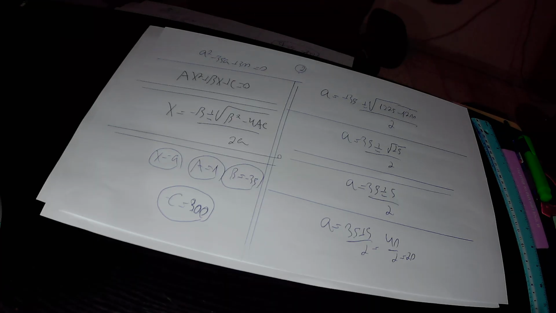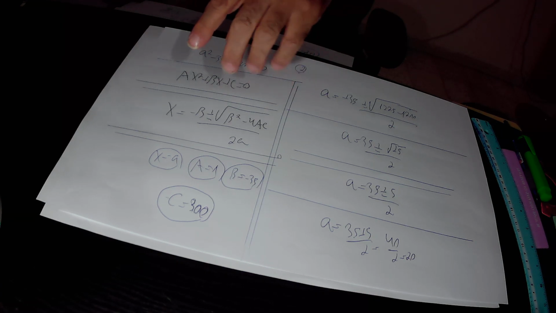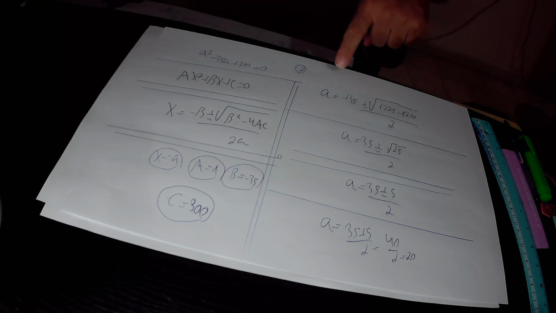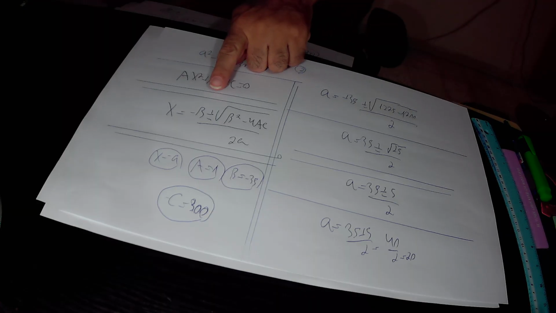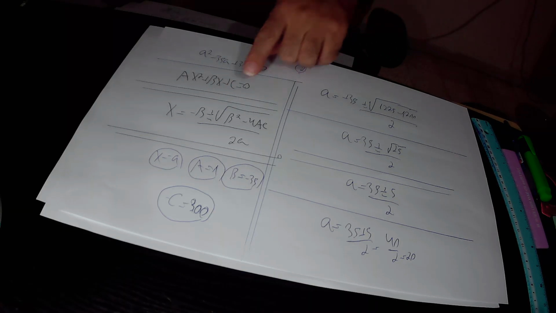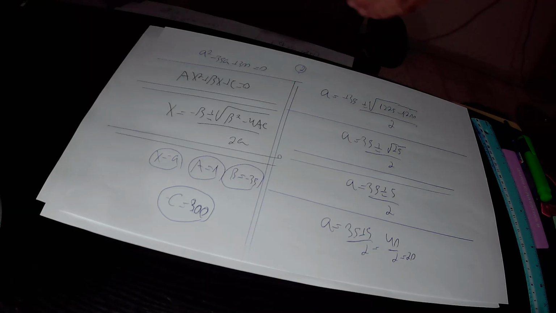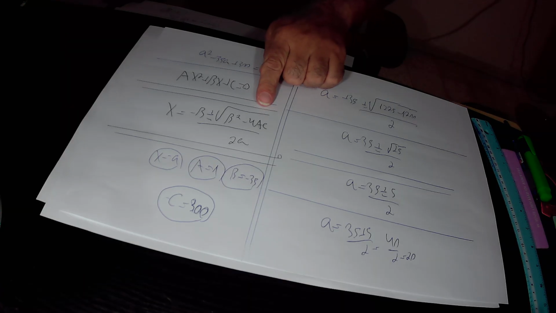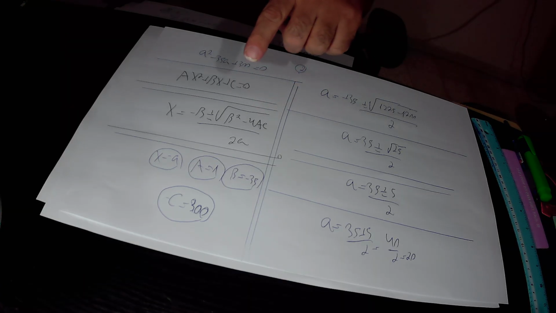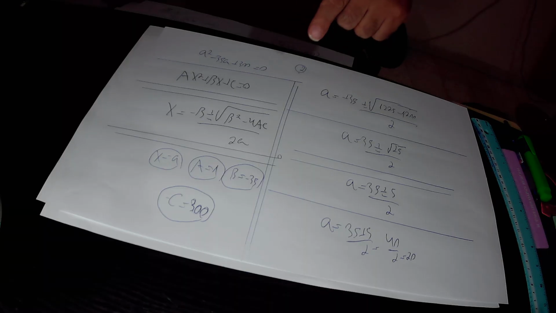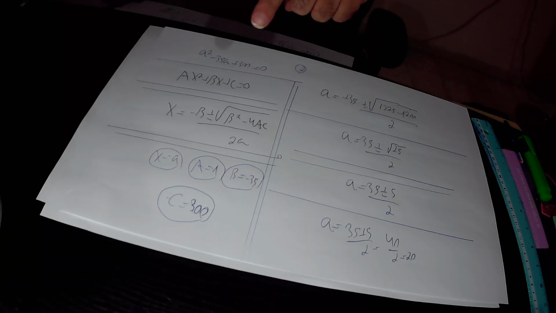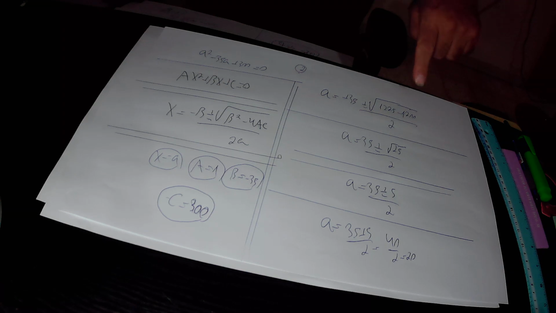So x equals a. If we put all the data here, we find that x equals a, and it equals minus b. b is minus 35, therefore minus b is plus 35, plus or minus the square root of b squared. b is minus 35, therefore b squared is 1225, minus 4 times a times c. a is 1, c is 300, so minus 4 times a times c is minus 4 times 1 times 300, that is minus 1200.